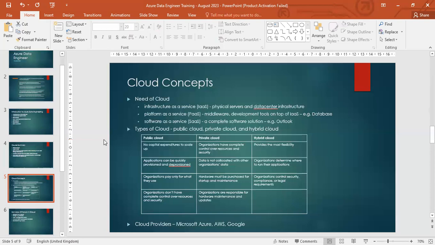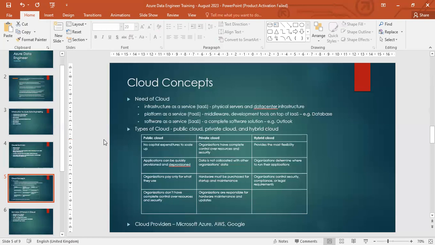Yes, that is correct. For example, right now in an organization, let's say you have any web application project. You need to maintain the servers on-prem. Let's say you are also using SQL Server. You need to maintain the servers associated with that. On top of those servers, you also need to maintain the platform, meaning the installation of the server, SQL Server, the license associated with that, and the cost associated with that.